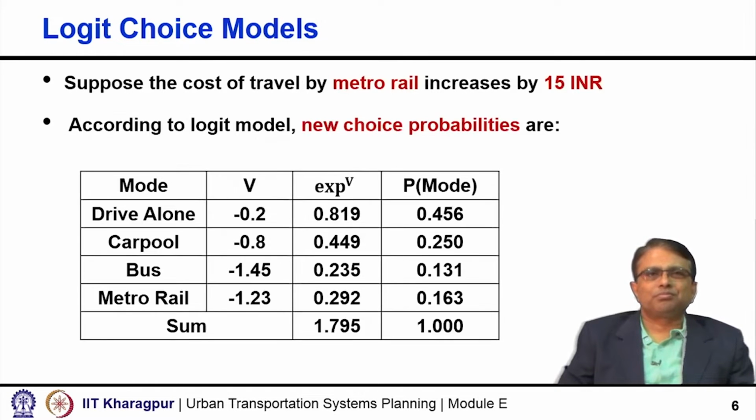Now, suppose the cost of travel by metro rail is increased by 15 rupees. What will happen? The utility or disutility associated with the metro rail, the deterministic component, will change.